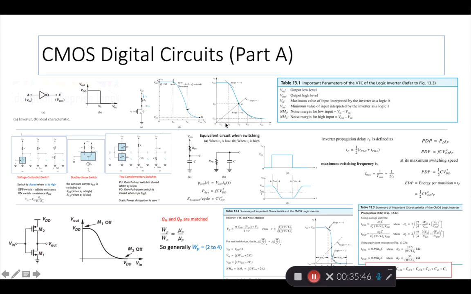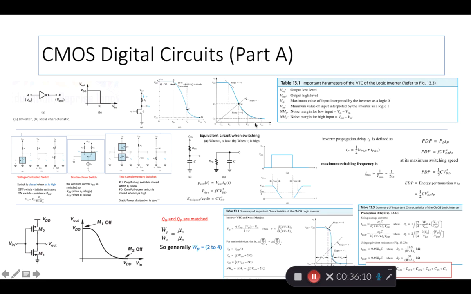So up until this point, the inverter thinks it's still a logic 0. Similarly, we have another definition, VIH, which is the minimum value of input interpreted by the inverter as a logic 1. So from here to here is logic 1, and from here to here is logic 0.